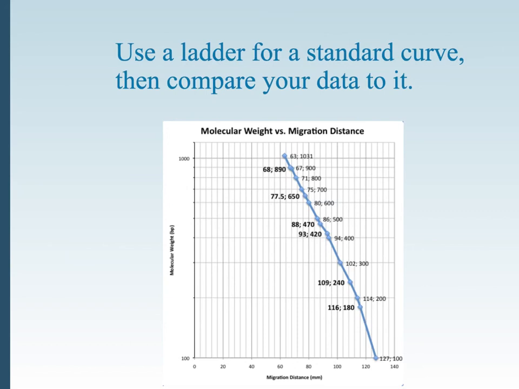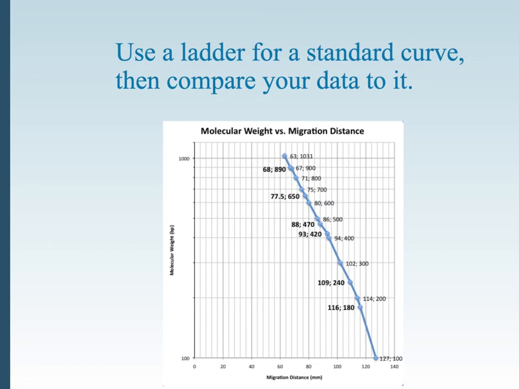And so what you end up doing is saying, okay, this is how far I migrated, and that goes on your x-axis, and this is the molecular weight. And you make a standard curve based on that ladder. When you buy a ladder, it tells you this test tube contains DNA segments that are 10, 20, 30, 40, 50, 60, 70 base pairs long.